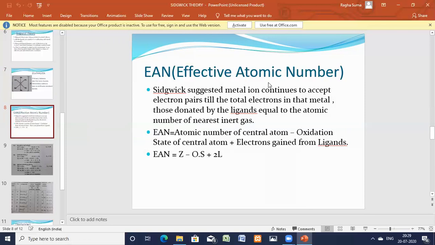I'm repeating, the sum of the electrons of the central metal atom and the electrons donated by the ligand to the central metal atom is called EAN, effective atomic number. And if that is equal to the nearest inert gas atomic number, then the complex is a stable complex.